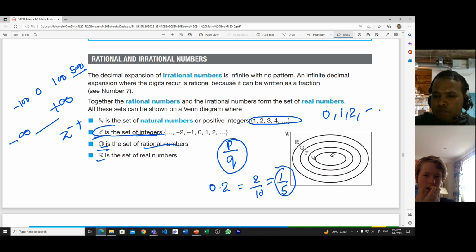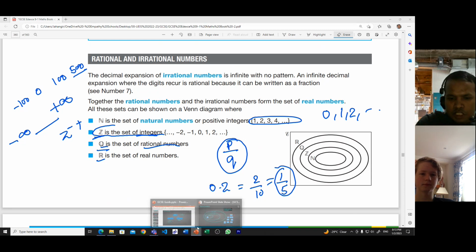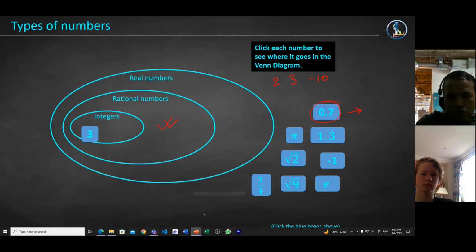So you need to identify which category a number particularly goes in: natural numbers, integers, rational numbers, and real numbers. All numbers are real numbers. You will divide into two categories, rational or integers, and whether it's natural. So like that, we can identify which category is most suitable.